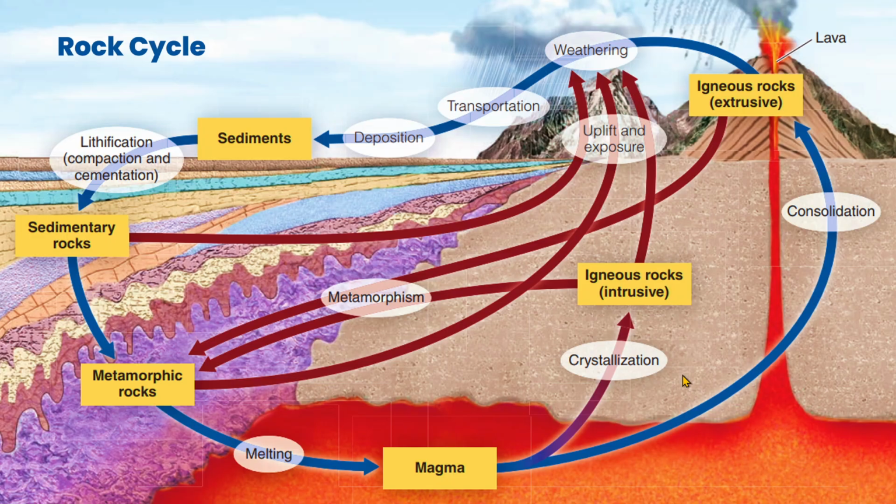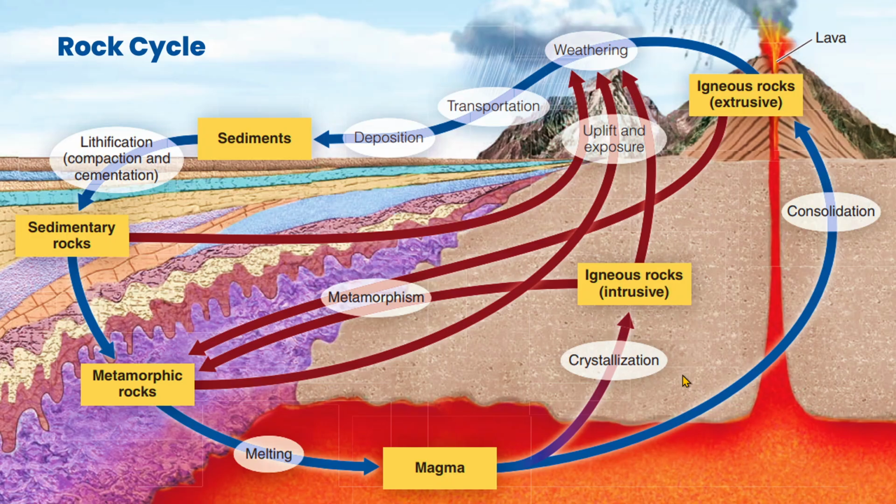If magma crystallizes, then igneous rocks are called intrusive. If magma consolidates, then igneous rocks are called extrusive. More specifically, intrusive igneous rocks cool down beneath the land. Extrusive rocks, on the other hand, cool down outside the volcano.